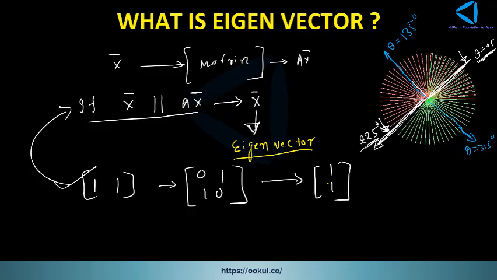And if you multiply this 135 by minus 1, it becomes 315, right? So these are not independent vectors. This and this are not independent vectors, and these and these are not independent vectors.